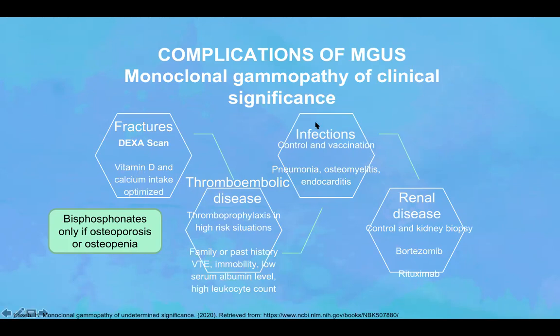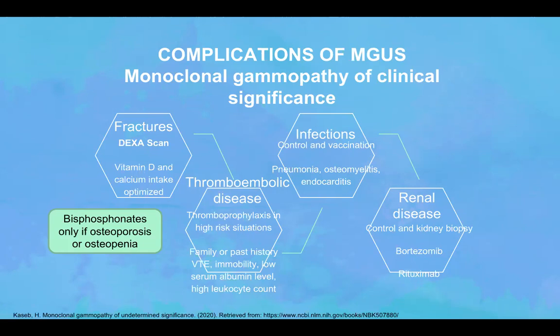As I told you before, these patients, when they have low gamma globulin, they're going to be more susceptible to infections. So we are going to be having more medical controls with these patients, and also vaccination. One of the most frequent diseases that we can find in these patients are pneumonia, osteomyelitis, and endocarditis.